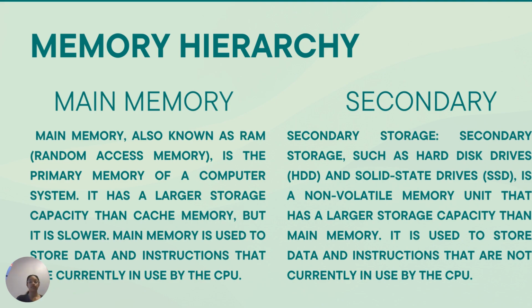Okay, so now we'll see secondary memory. Secondary storage memory such as hard disk drives and solid state drives is a non-volatile memory unit that has a higher storage capacity than main memory. It is used to store data and instructions that are not currently in use by the CPU.